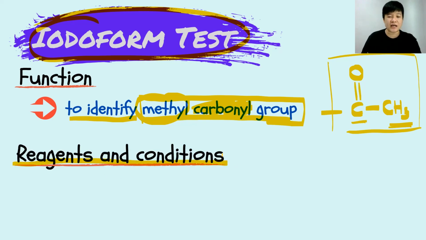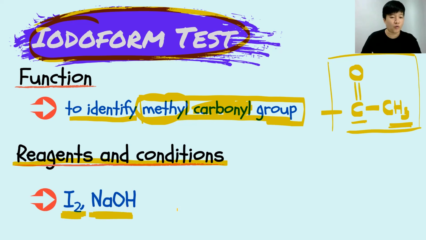And the reagent and condition will be the same as previous, where the reagent and condition for the iodoform test is your I2 in NaOH. Simple. It's a very similar thing as the previous iodoform test, but right now we are checking the methyl carbonyl group.